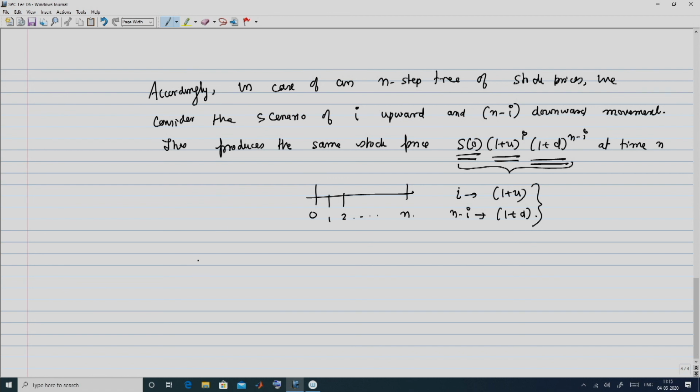So, accordingly, now there are n choose I such scenarios. This means that in the n time intervals between 0 to n, you can have I number of ups in many different ways.